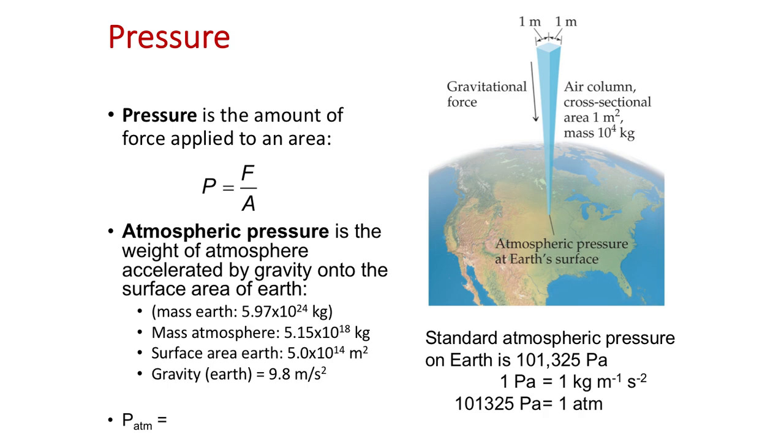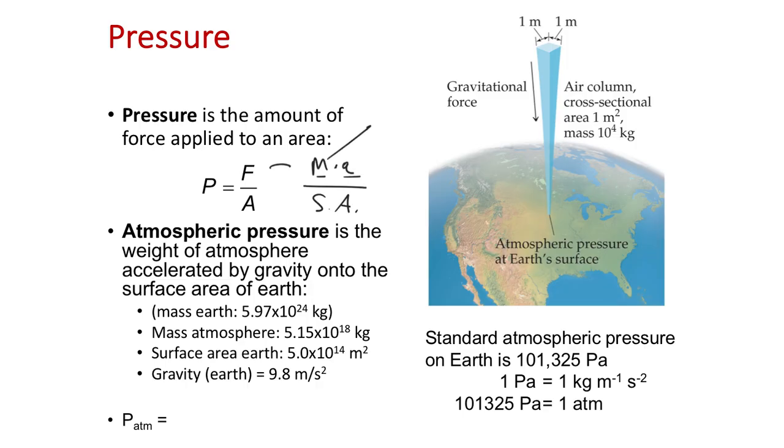Now the surface area of Earth is about 5.0 times 10 to the 14 square meters, and gravity is about 9.8 meters per second squared. So we can actually calculate the force. Force is mass times acceleration from physics. We don't do a whole lot of equations revolving around this, but I think it's useful to see how a pressure like atmospheric pressure is defined or derived, because you can take the mass of the atmosphere, use the gravitational pull as the acceleration, and then divide by the surface area of Earth.